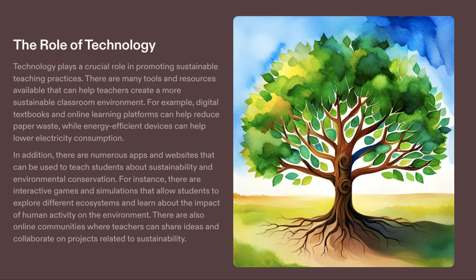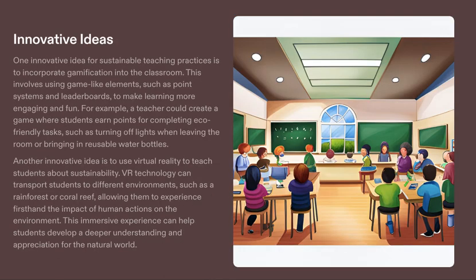In addition, there are numerous apps and websites that can be used to teach students about sustainability and environmental conservation. For instance, there are interactive game missions that allow students to explore different ecosystems and learn about the impact of human activity on the environment. There are also online communities where teachers can share ideas and collaborate on projects related to sustainability.